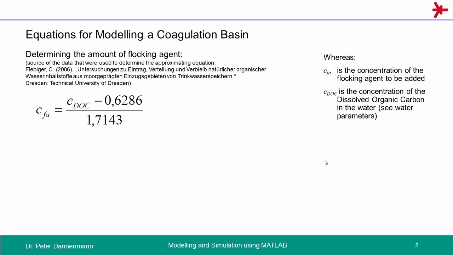The first process we have to consider is the adding of the flocking agent. Instead of modeling the whole dispensing system for the agent, we assume that always the correct amount of agent is added to the water. In a study conducted at the University of Dresden, it is described that the amount of flocking agent that has to be added to the water depends on the concentration of dissolved organic carbon, so that at the end of the process we get the desired concentration of the agent.